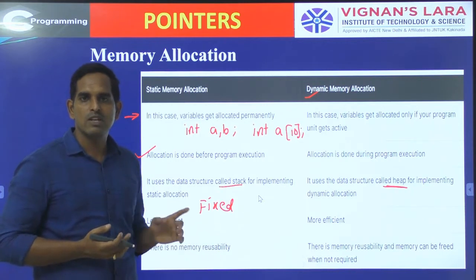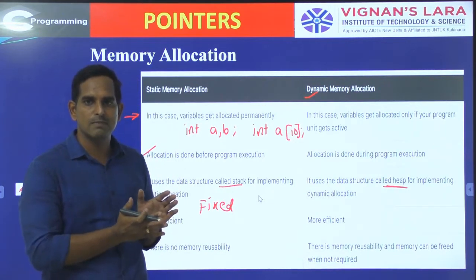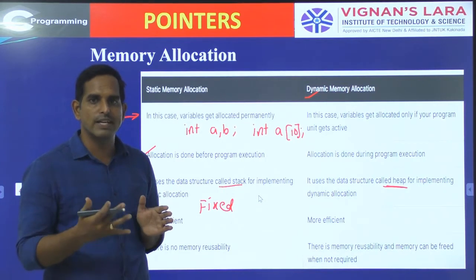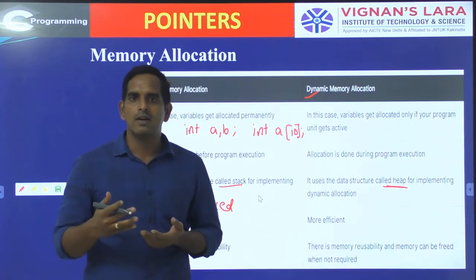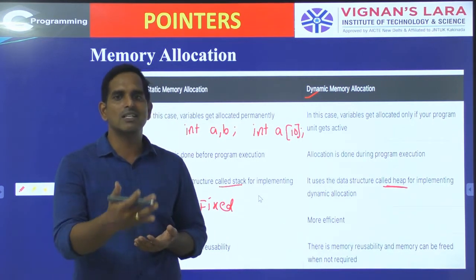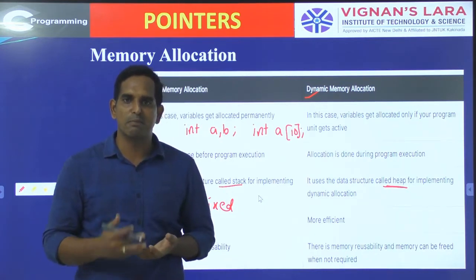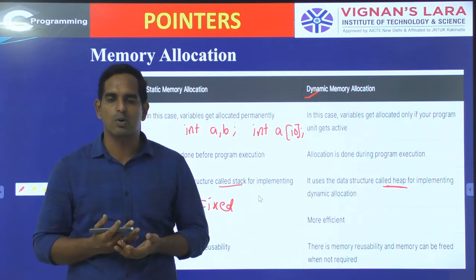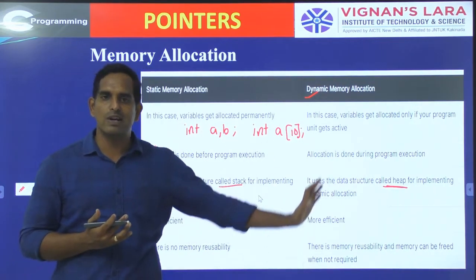As I told you, whatever memory you assign for your variables will be a fixed part, with no reusability in any way. But here there is memory reusability. Why? Because in dynamic memory allocation you can allocate as well as deallocate the memory and reuse the same memory for different purposes during the execution of your program. So this is the advantage of dynamic memory allocation.